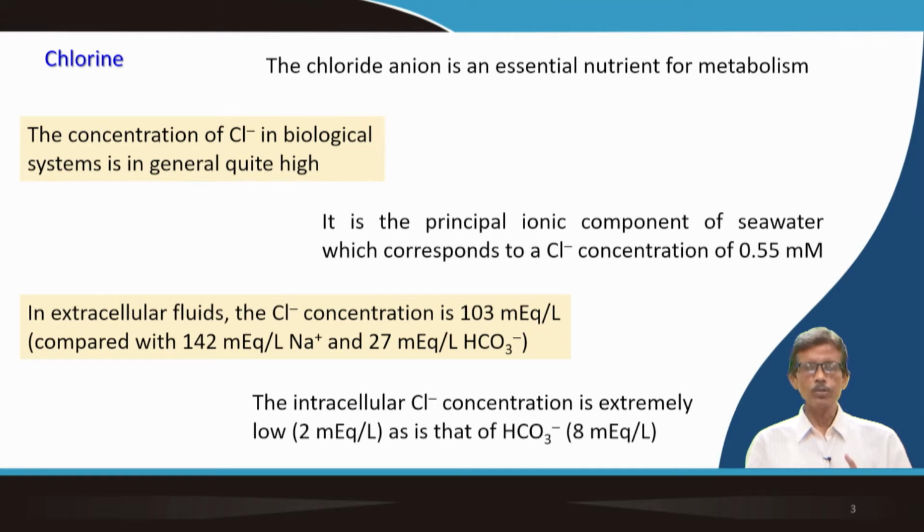Then compared to the outside concentration, the inside concentration is very low, only 2 milliequivalents per liter, compared to the bicarbonate concentration, which is high. So, we should know about the balancing of all these concentrations, how much sodium ion concentration we have in the extracellular fluid, and how much inside.